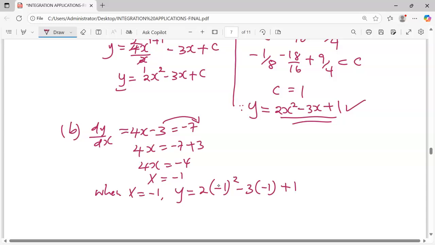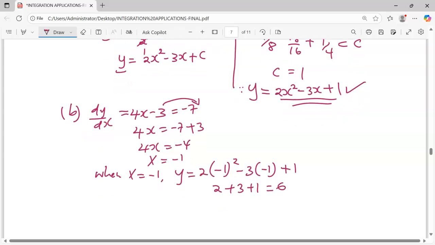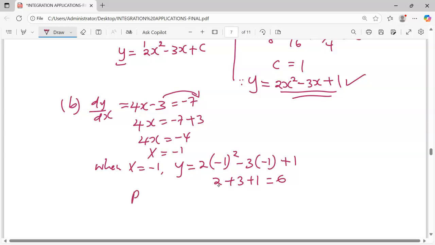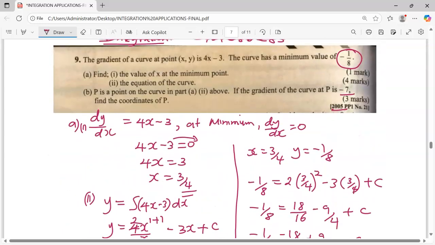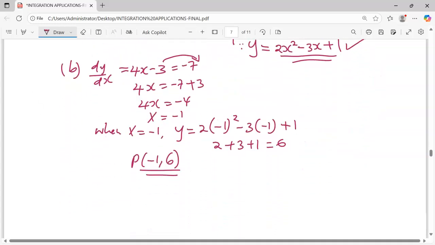In this case, negative 1 squared is positive 1, times 2 gives 2. Negative 3 times negative 1 gives positive 3, plus 1, and this gives us 6. Therefore the coordinates of point P will be (-1, 6), and that becomes the solution to that particular question. Once we have tackled that, we can move to the next question.